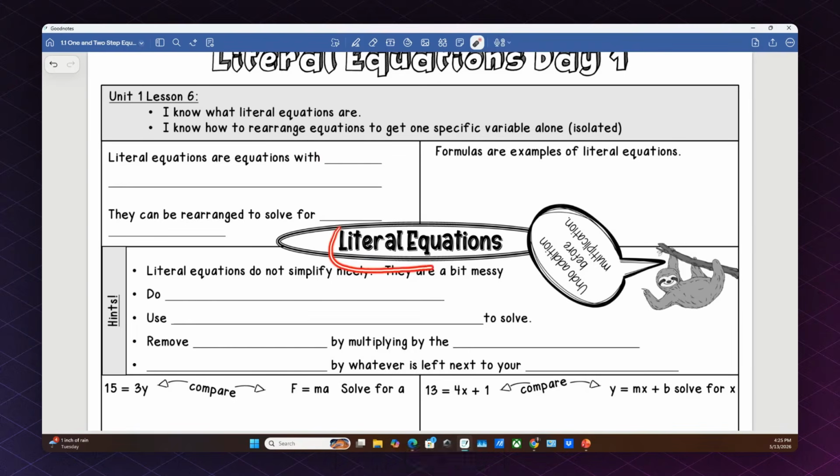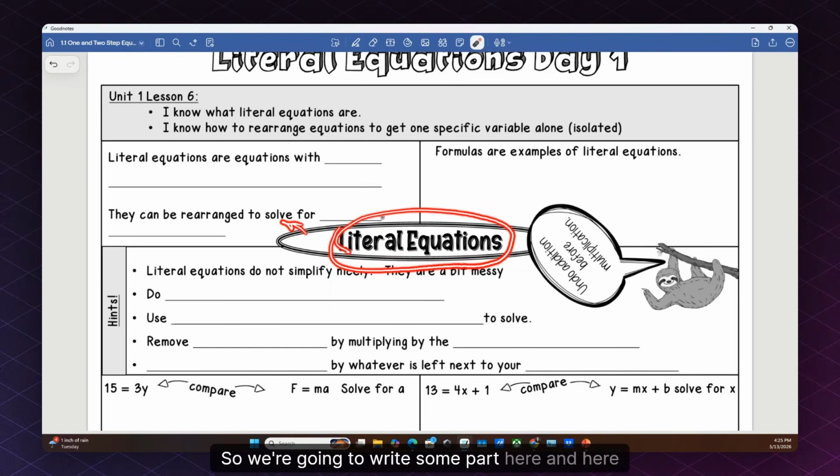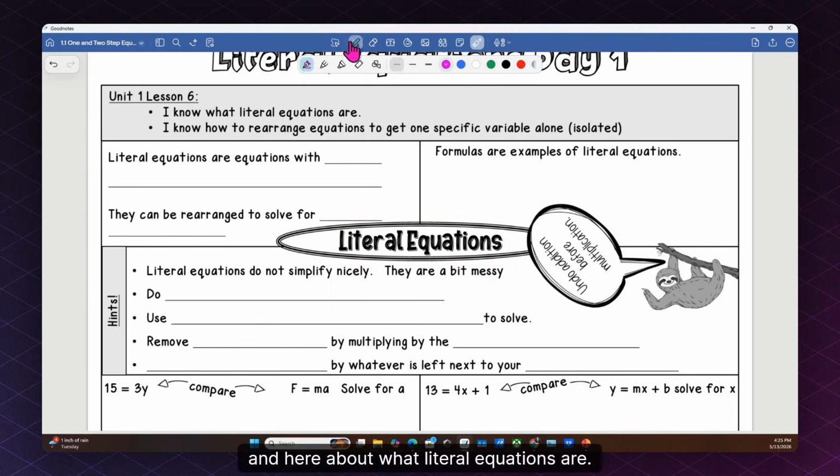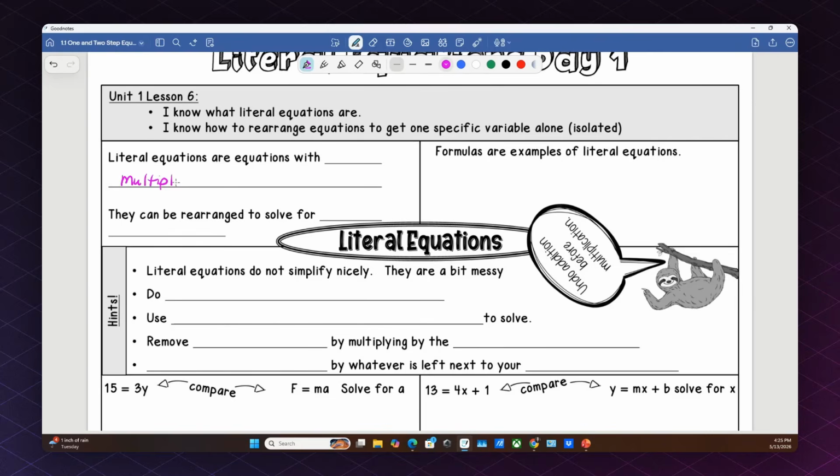So, we've got literal equations in here in the center. We're going to write some parts here and here and here about what literal equations are. So what the heck is a literal equation? It's an equation with multiple variables.